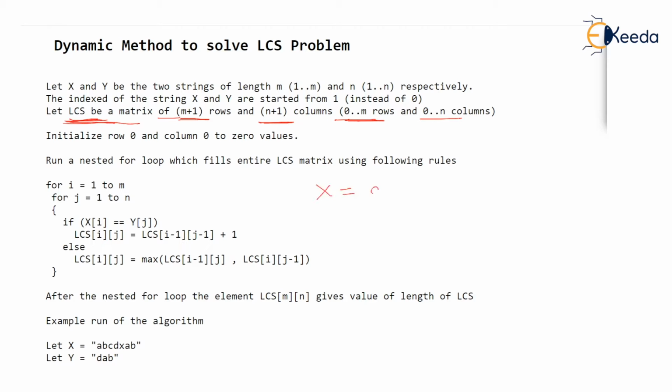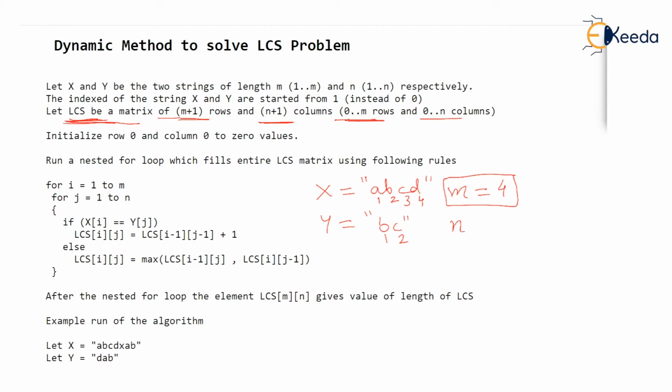Let's take a very small example, ABCD, and Y is, let us say, BC. And the indexes, you all know, is 1 to 4. Here it is 1 to 2. So the length M for X is 4. There are 4 letters.